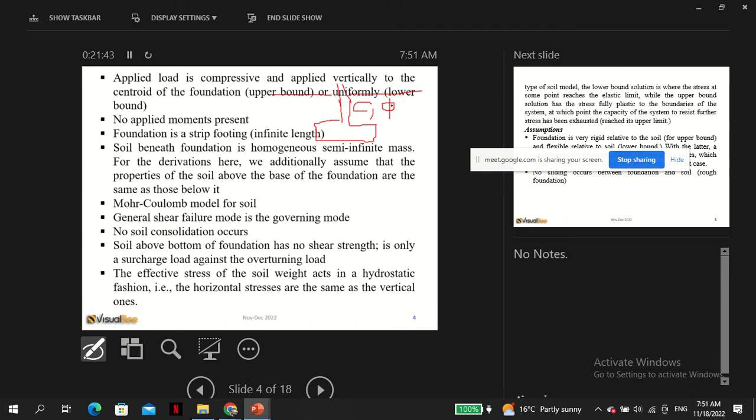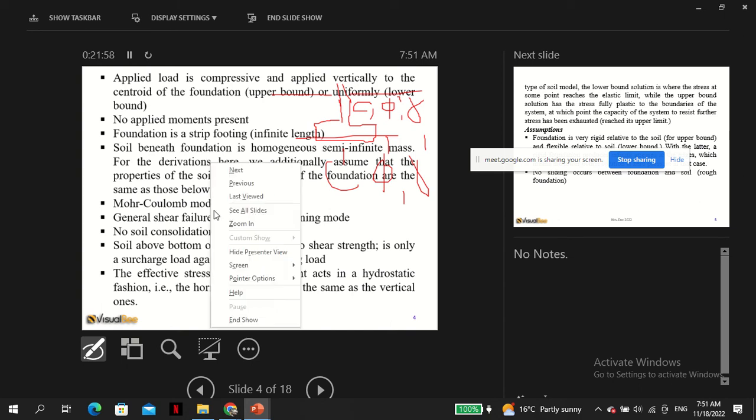Now the c, phi and gamma here are the same as c, phi and gamma here, so this is below the foundation. c, phi and gamma are below the foundation. That's the point. And then we say the Coulomb failure criterion applies for the soil.